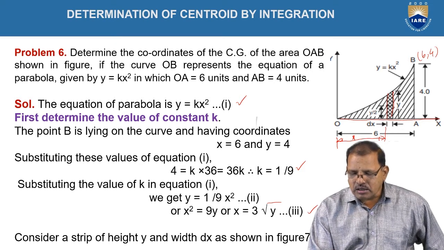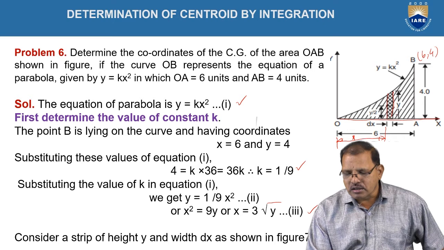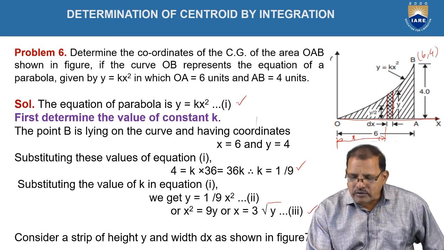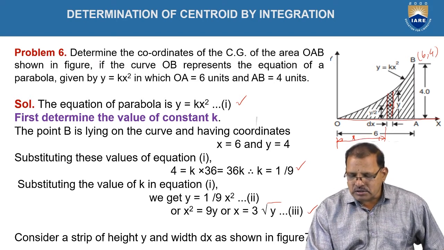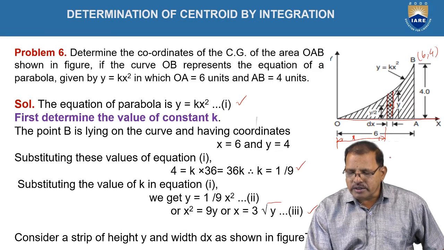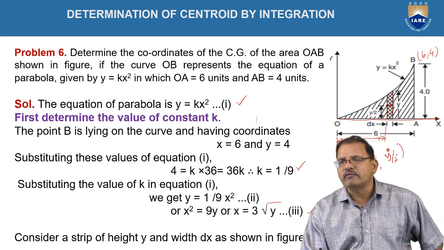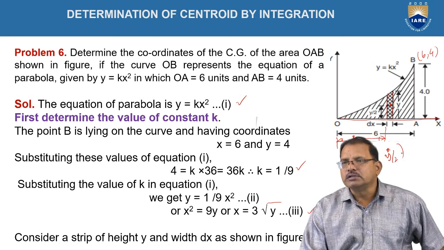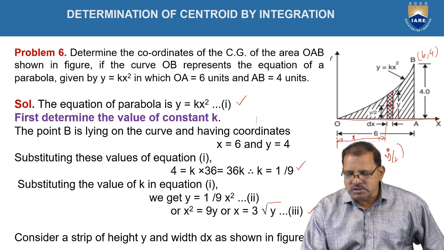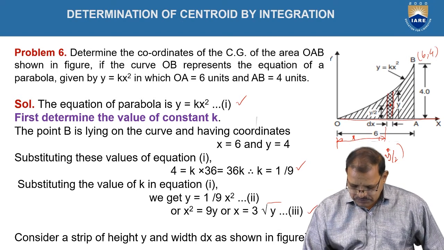Now considering that strip which is having thickness dx at a distance of x, the center of gravity of the strip is represented as x, that is x coordinate, and y coordinate is nothing but half of its height. It is given by y by 2 now, where x star and y star are representing the coordinates of the assumed strip which is at a distance of x.